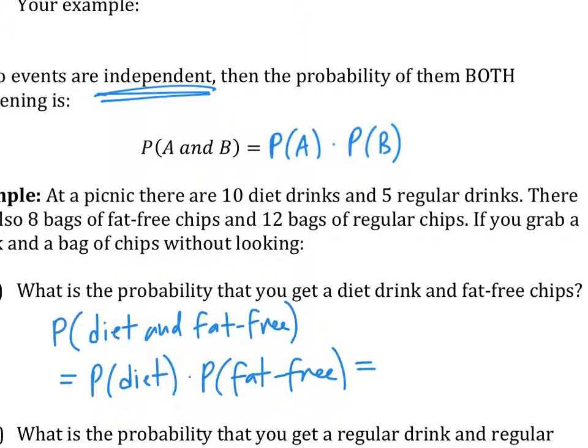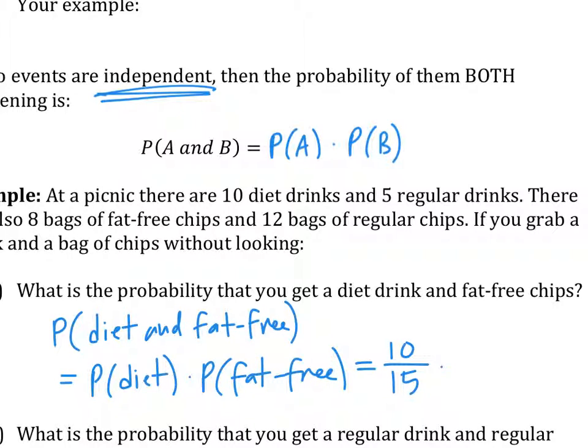Okay, what's the probability of getting a diet drink? So go back to 2 days ago. Diet drink out of total drinks. How many diet drinks are there? 10. How many total drinks are there? 15. Okay, so the chance of you picking a diet drink is how many diet drinks there are out of total, right?